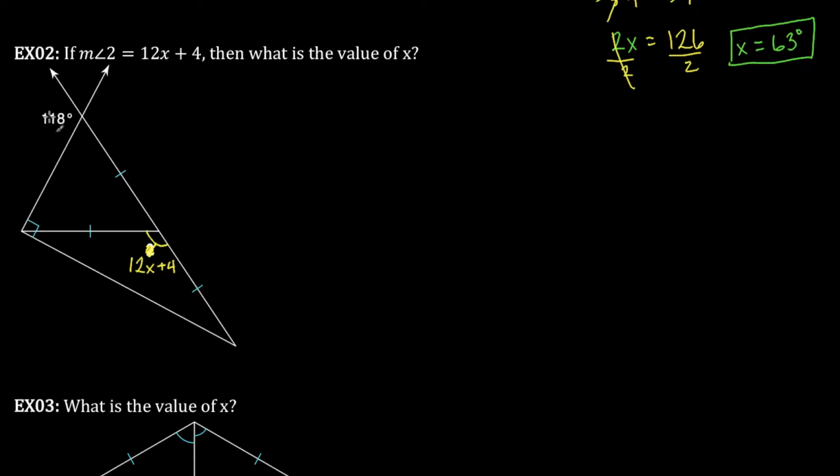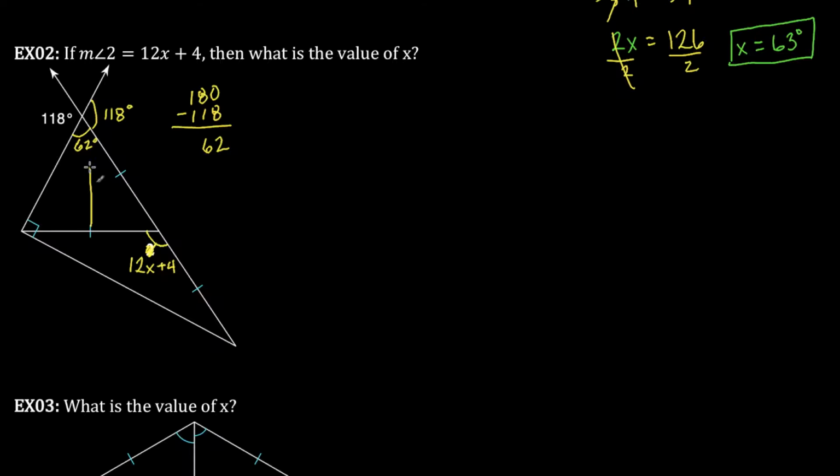So this is 118. So 180 minus 118 is 62, so this is 62 degrees, because remember that these are supplementary, so they add up to 180.